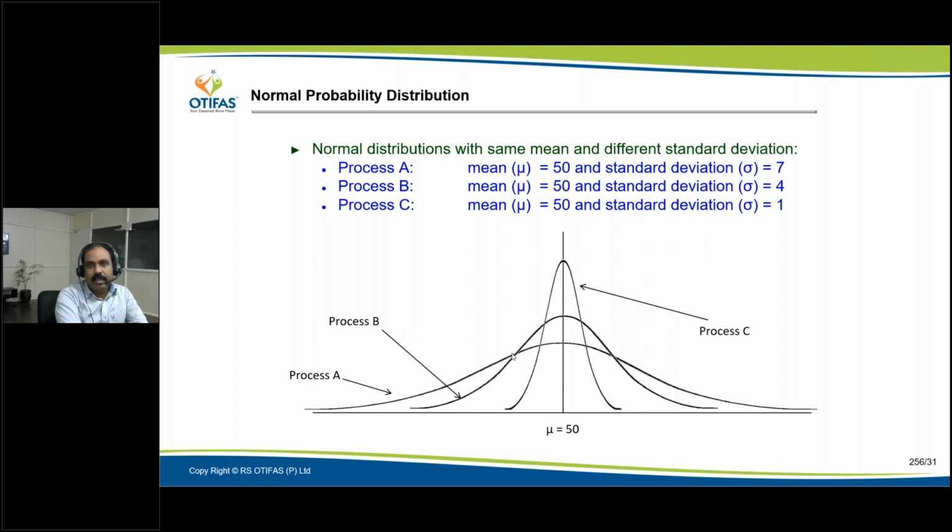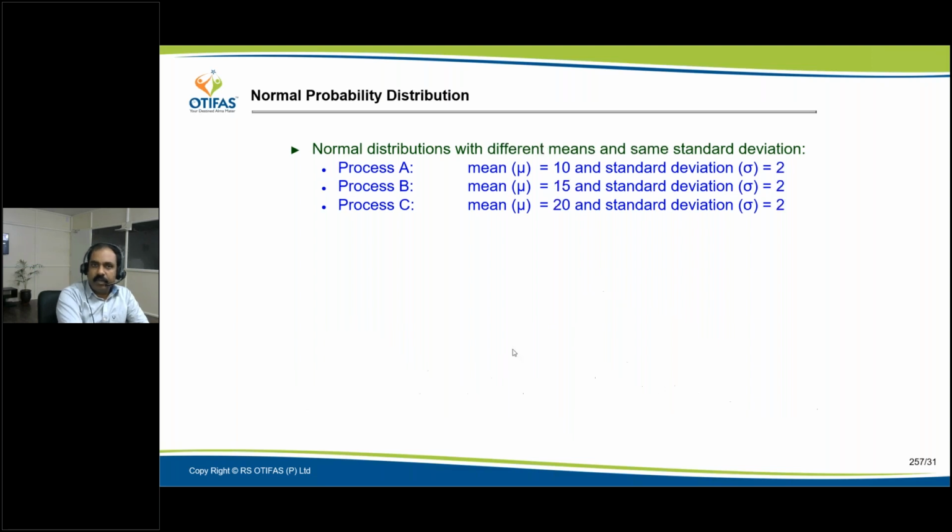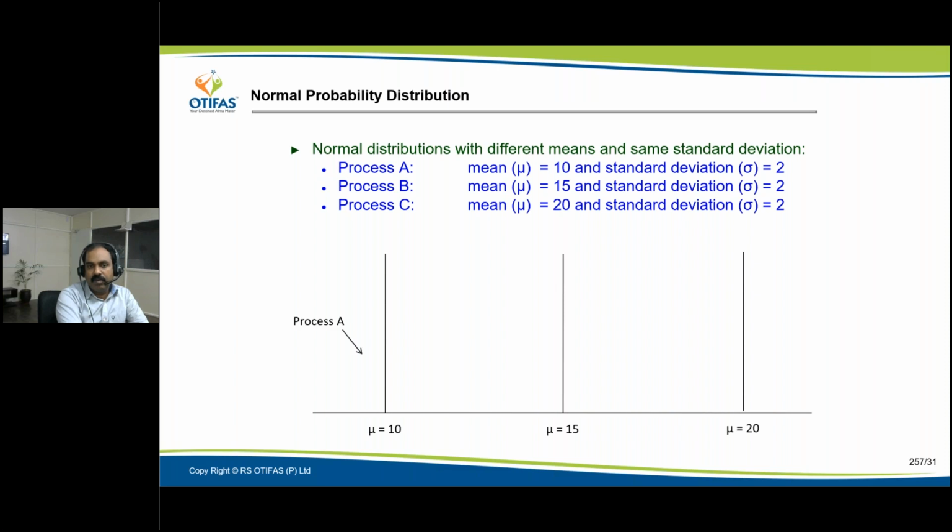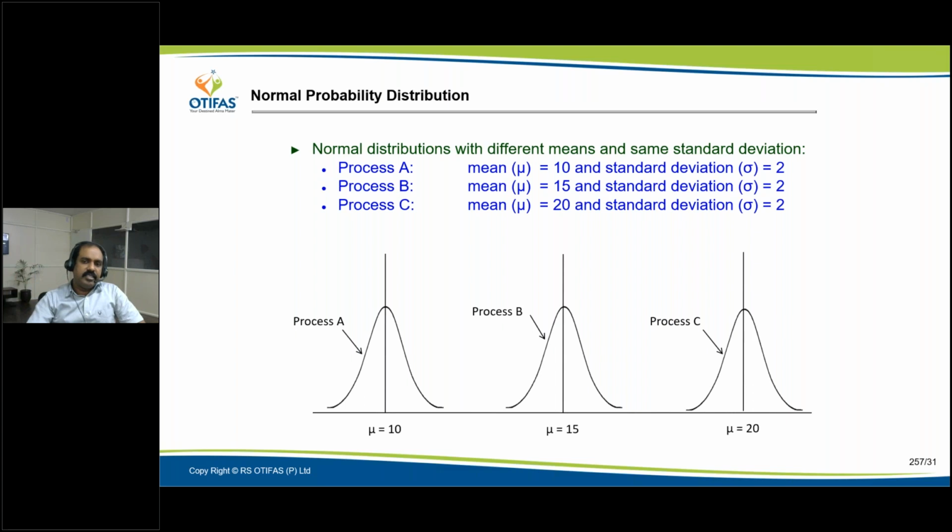Now let us see a different situation where you get different means and the same standard deviation. How will it look? Now, can you say which is better in these three? No, we cannot say, because maybe different process, different means.